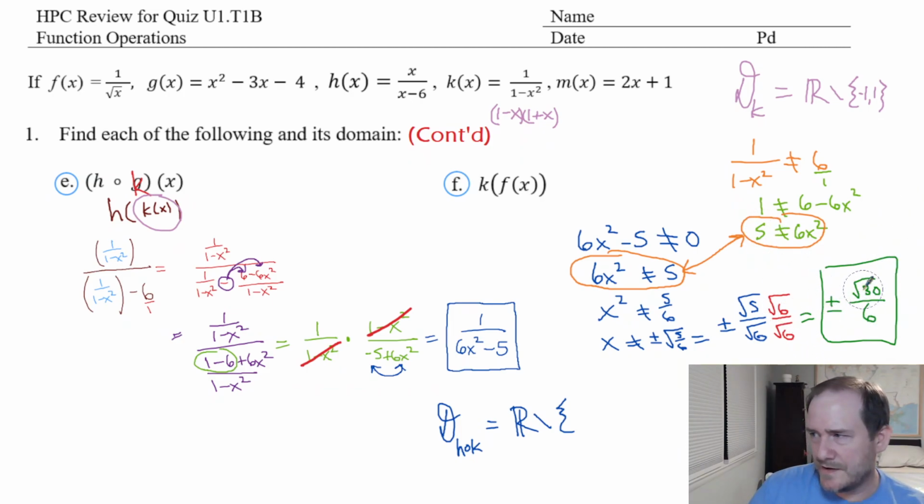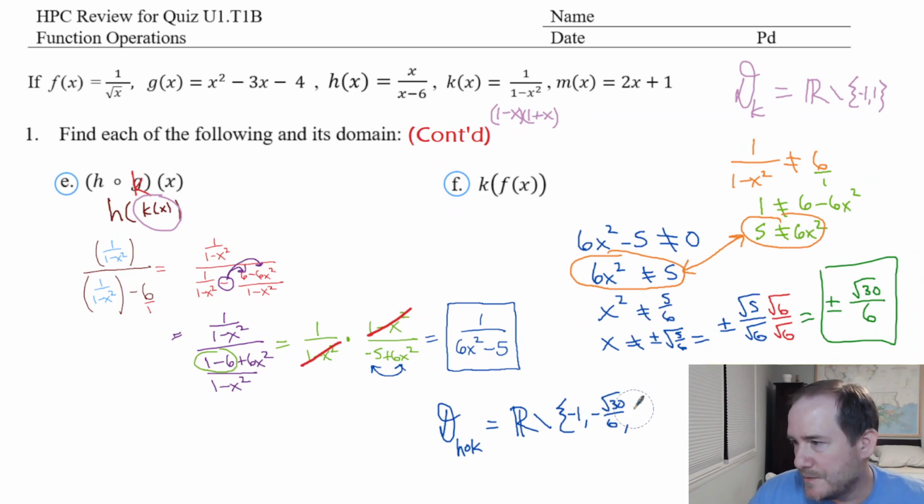So is this thing worth more than 1 or less than 1? Obviously the square root of 36 would be 6. So this is smaller than 6, which means this is smaller than 1, which means negative 1 is my smallest restriction. Then the negative root 30 over 6, then the positive root 30 over 6.